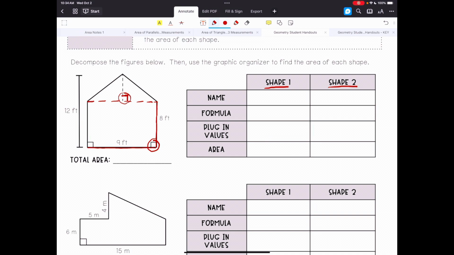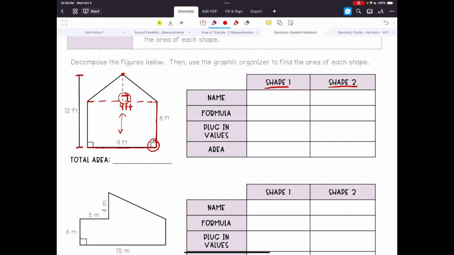The tricky part here is knowing that opposite sides of a rectangle are the same. So the base of my triangle is going to be that 9 feet. Now the height is the trickiest part. The base all the way up to the vertex of that triangle is 12 feet.